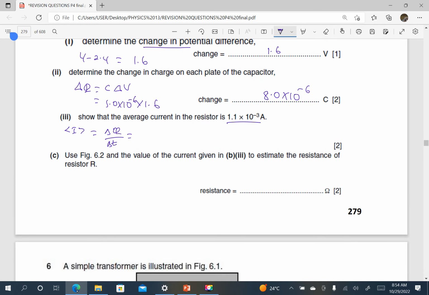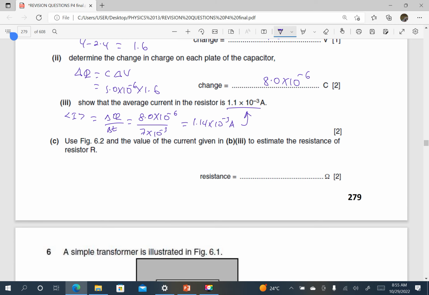So this is going to be 8.0 times 10 power negative 6 over the change in time, which is 7 times 10 power negative 3. When you press your calculator, this gives you 1.14 times 10 power negative 3 amperes, which is approximately equal to that.